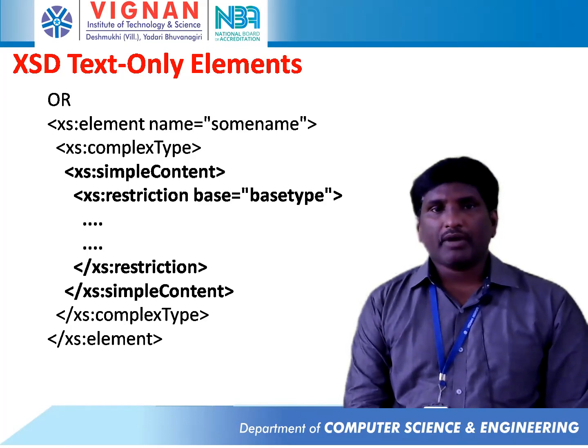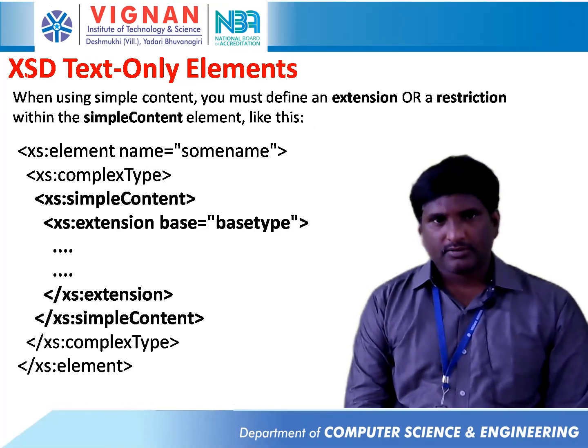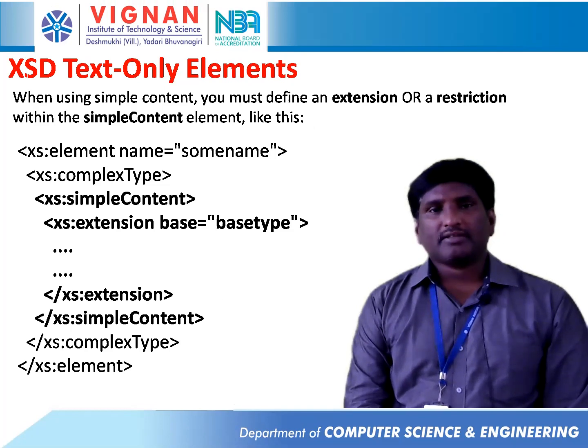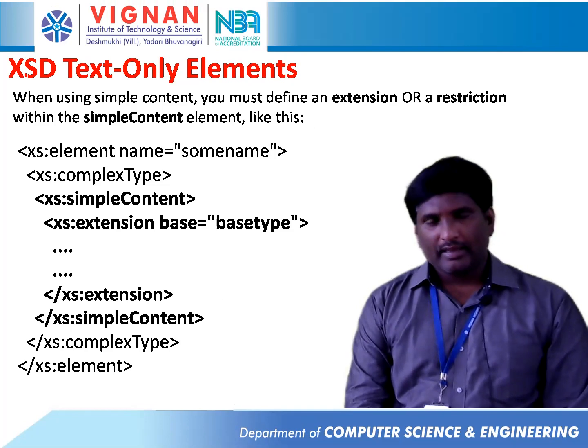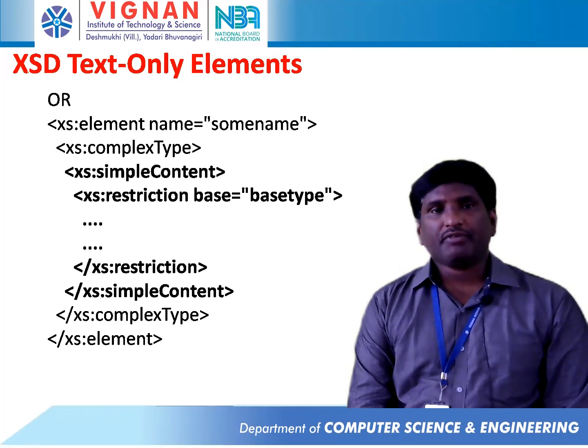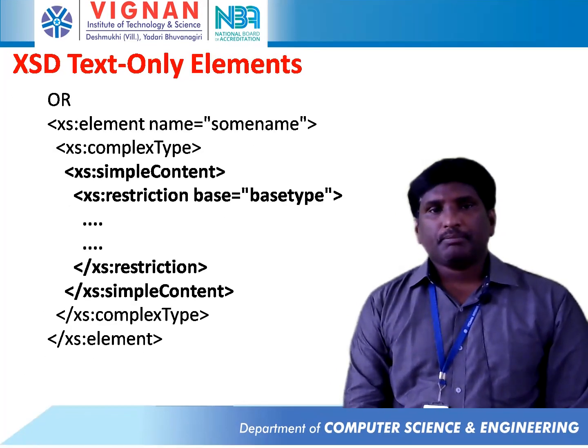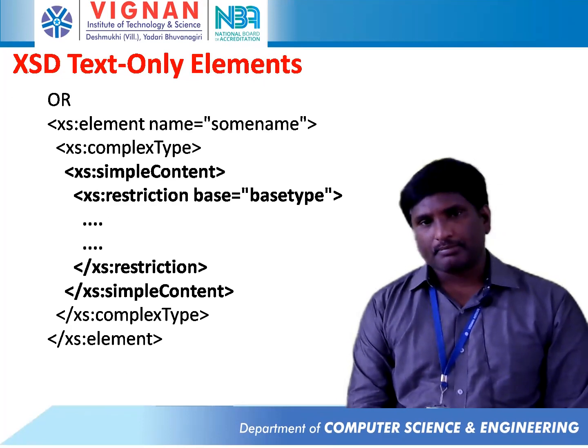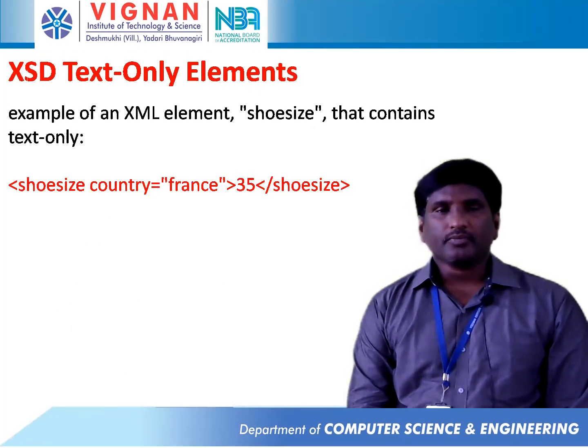There are two ways we can provide it. One is complexType, some name, simpleContent, extension base is the base type. Another way is straight away simpleContent with base type.